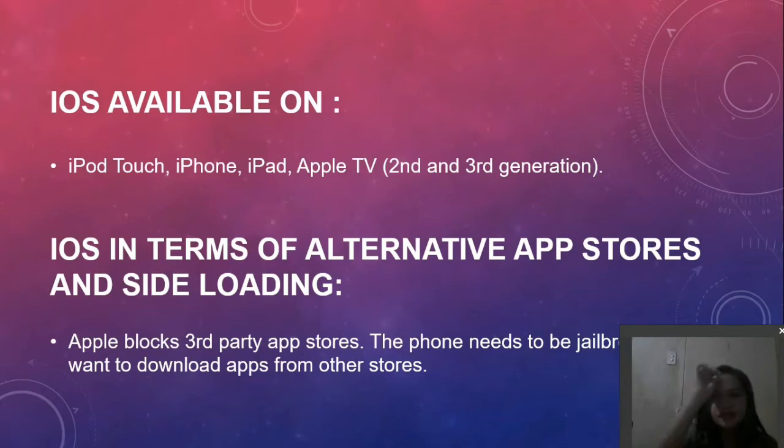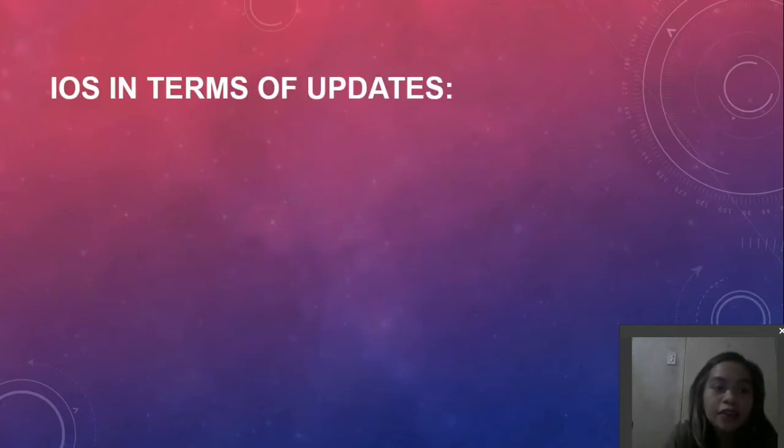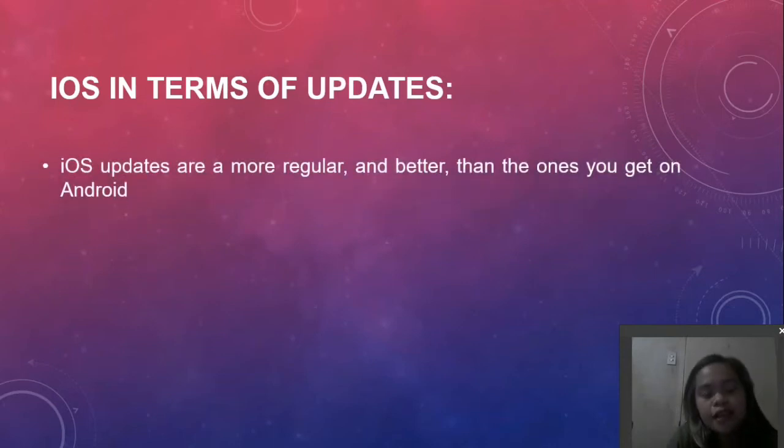Okay, it can be a bit of an advantage that Apple blocks third-party apps, because it can prevent hackers from hacking the iOS, the iPhone, or the smartphone of the user. Okay, and iOS in terms of updates.